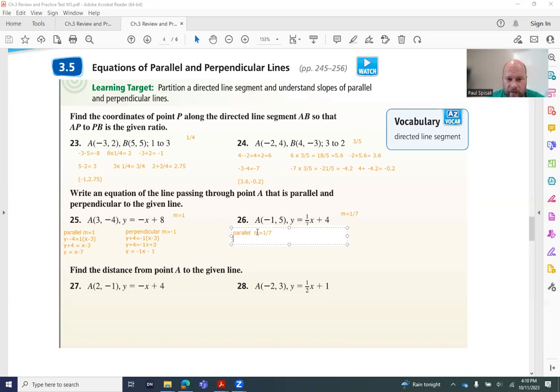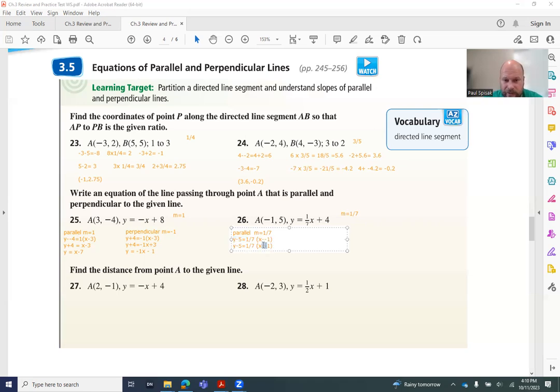Then we have y minus our y value this time is 5 for y1 equals our slope of 1/7 times x minus x1 this time is -1. So we have the exact same thing, but I'm going to change that to a positive.